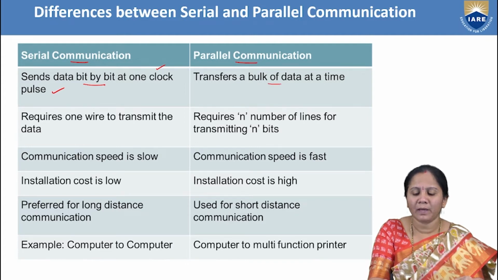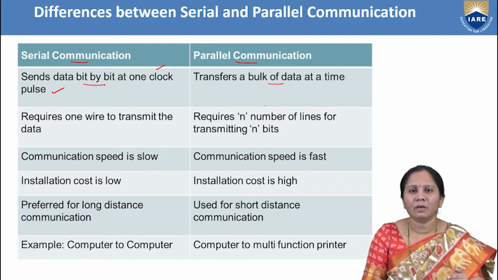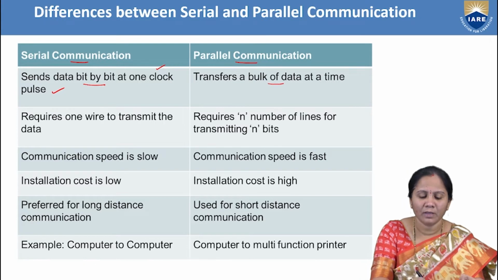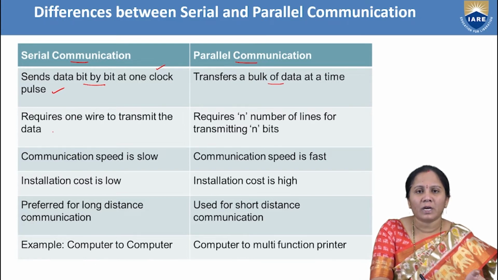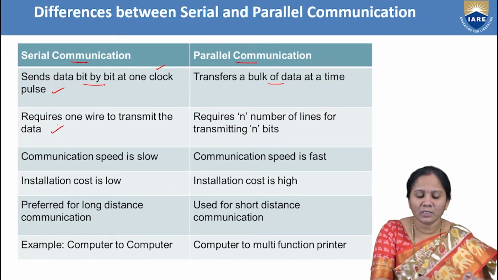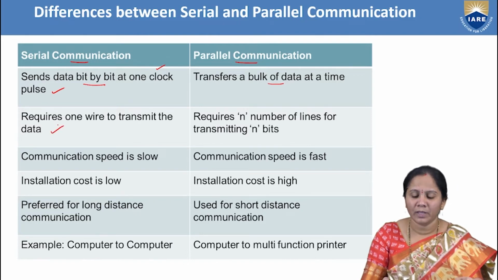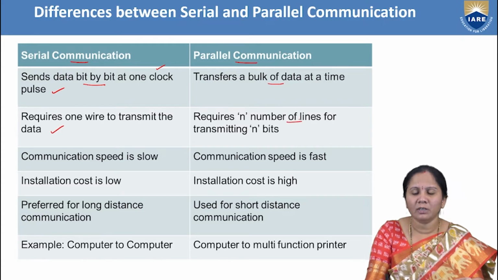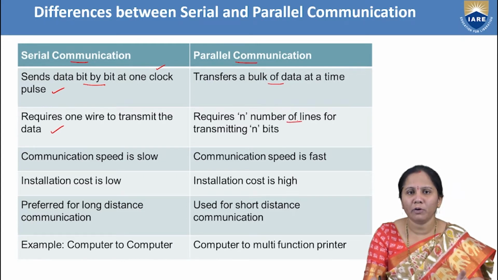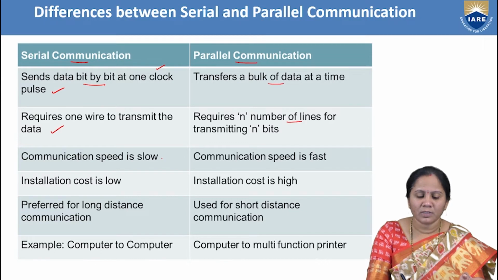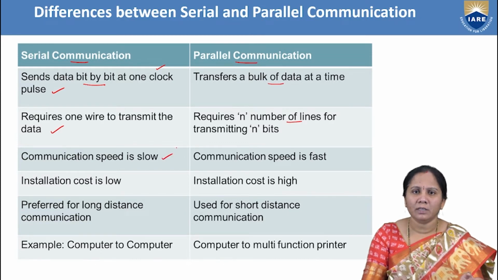Whereas in parallel communication, a bulk of data is transmitted because there are n wires. To transmit data in serial communication, the transmitter requires only one wire, whereas in parallel communication, to transmit n bits at a time, the transmitter requires n wires.